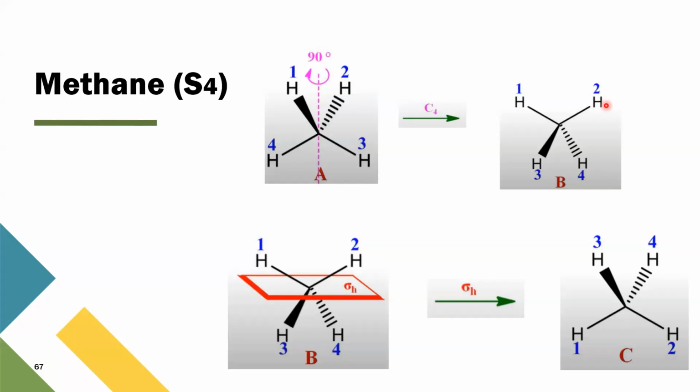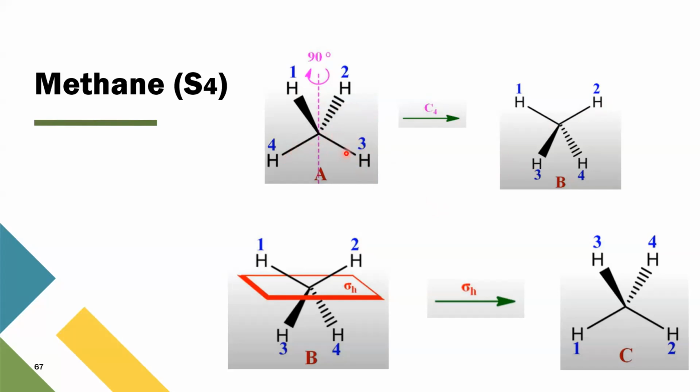Madam, 1, 2 and 4 are on the paper; the top one has to be 3 in the B figure, the hydrogen numbering. Yes, correct. When you rotate this, consider these two, which lie on the plane of the paper.